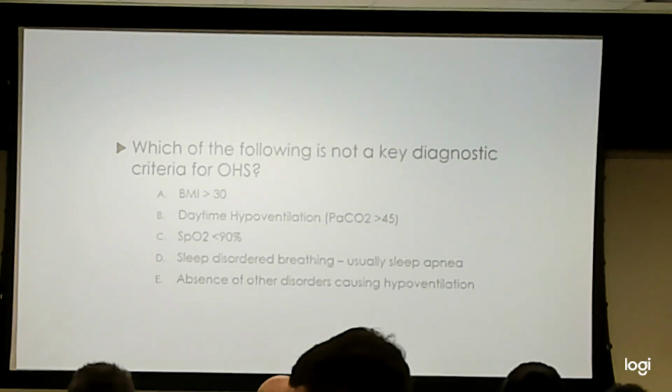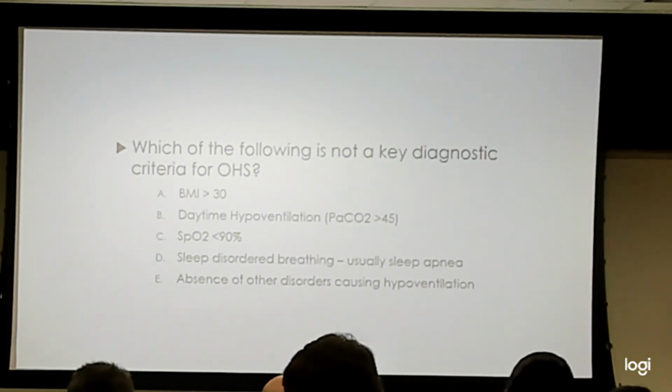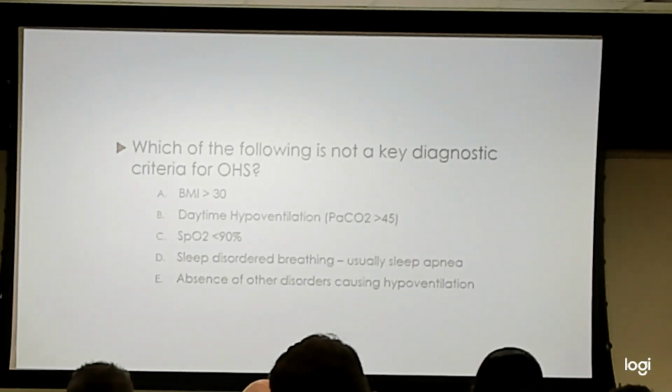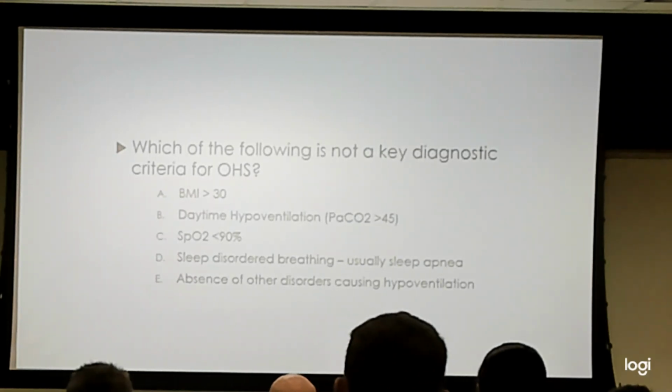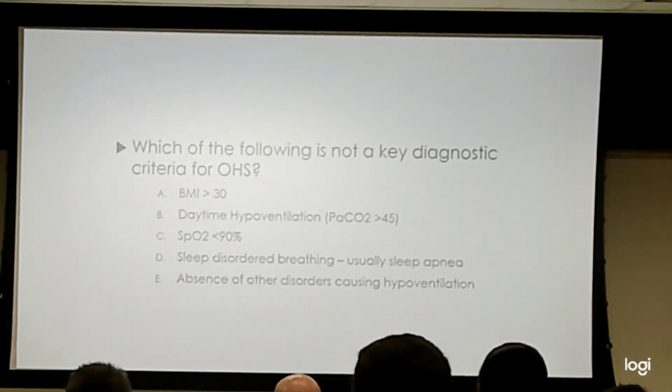All right. So we're talking about obesity hypoventilation syndrome. So which one of these is not part of it? Is A part of the criteria? Yep. Is B part of the criteria? Yep. Is C part of the criteria?